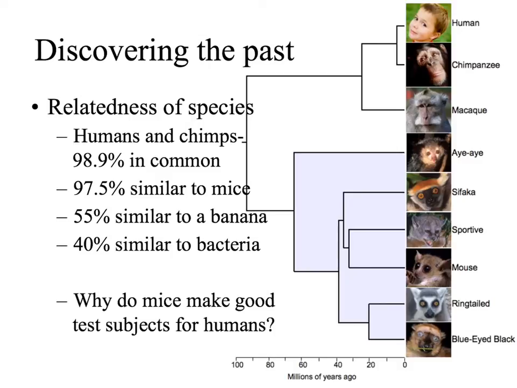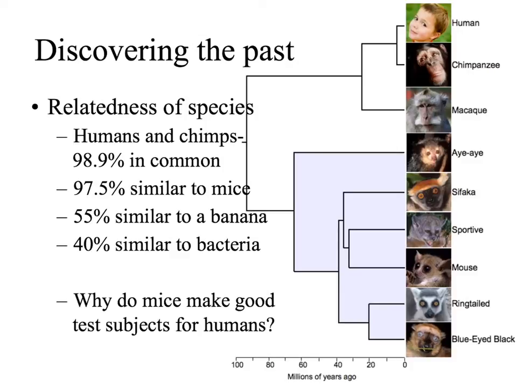Other biologists use this type of information as well. We can run DNA analysis to help us figure out similarities in DNA between many different species. So, for example, humans and chimpanzees have 98.9% of our DNA that is exactly the same.